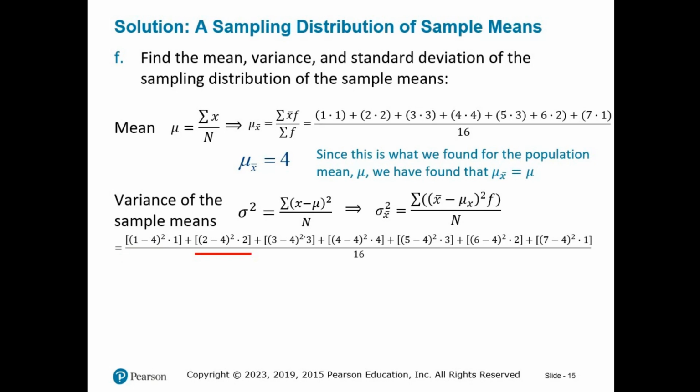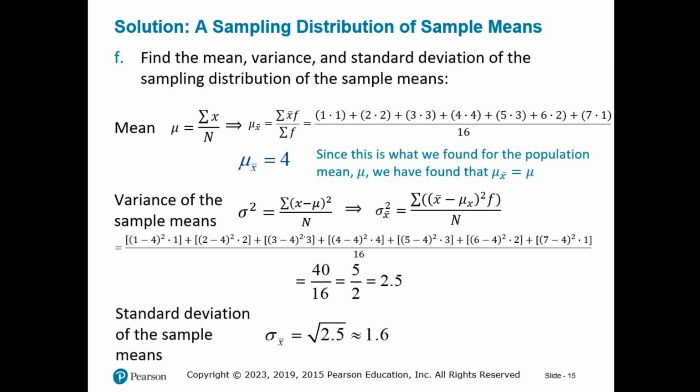Then the difference is squared, and multiplied by the frequency 2. And so on. And that is done for all of the x values, and the whole thing is divided by the total of the frequencies, 16. We end up with 40 over 16, or 5/2, which is 2.5. If we take the square root of that for the standard deviation, we get about 1.6.